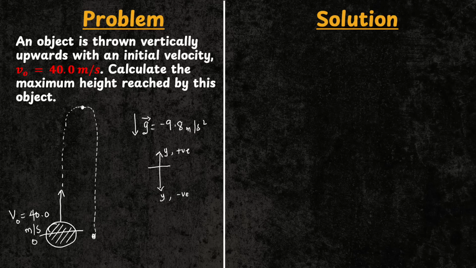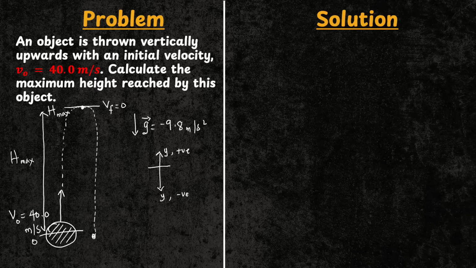And then the maximum height is going to be the point where it momentarily stopped. So at that point, the velocity equals 0. We are interested in finding this maximum height. So that maximum height is going to be this whole distance from the 0 point, h max.